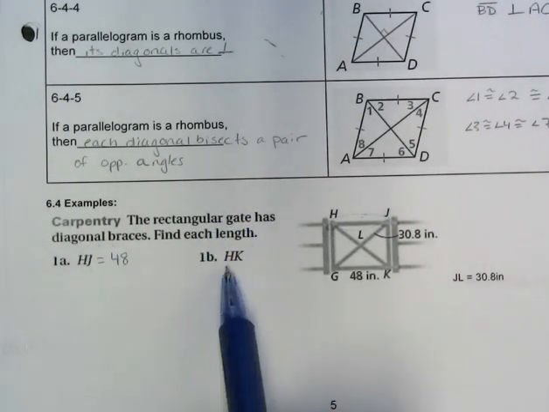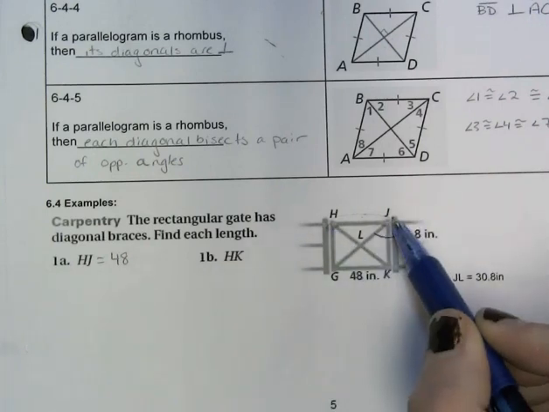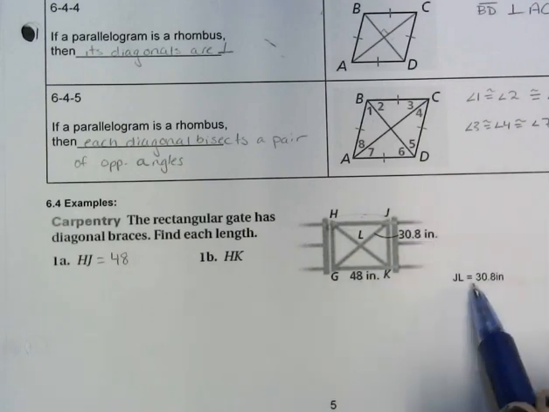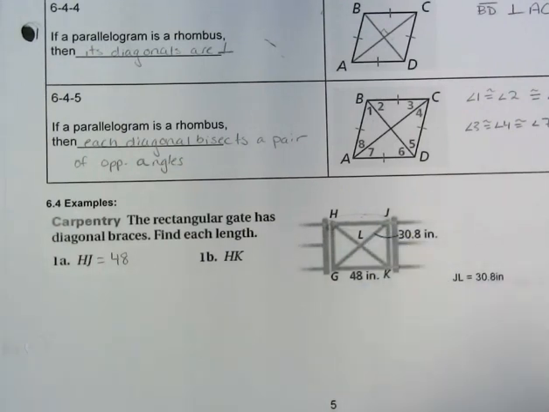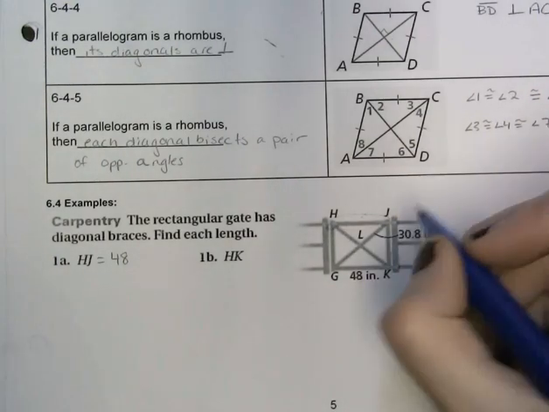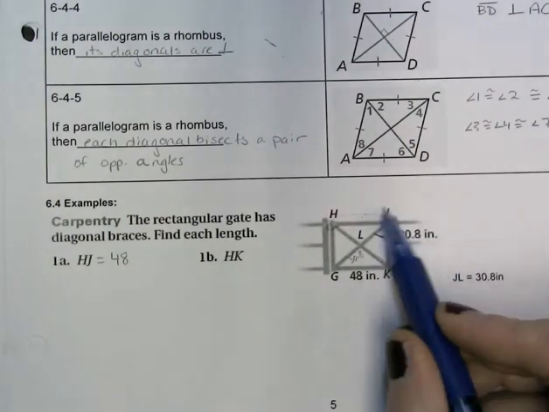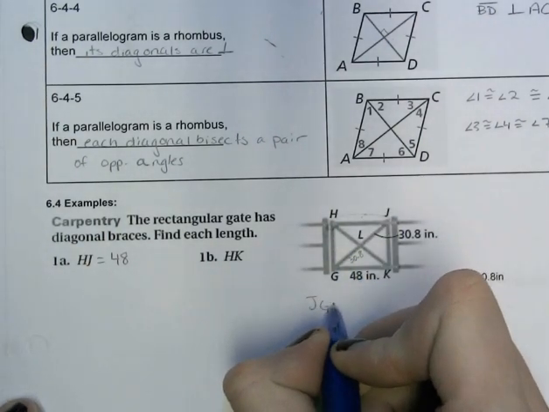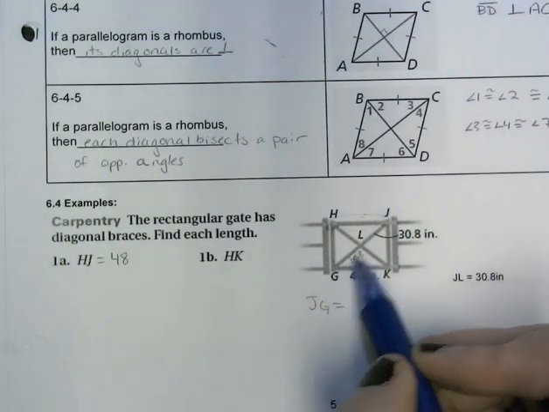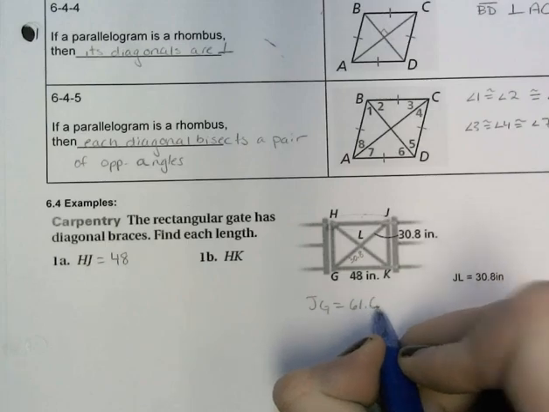Now we're going to talk about the diagonal. They want me to find HK, and I'm given that JL is 30.8. Remember, diagonals of a parallelogram bisect each other. So if this is 30.8, this is also 30.8. So for the whole thing, JG, all I have to do is add 30.8 plus another 30.8, and I get 61.6.